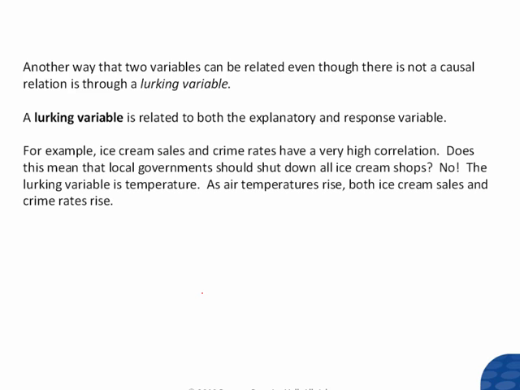For example, it turns out that ice cream sales and crime rates have a very high positive correlation. Does this mean that we should shut down all ice cream vendors in an effort to reduce crime rates? No. What do you think the lurking variable is? Temperature. Yeah, the warmer it is outside, the more ice cream sales you're going to have, and the warmer the temperature is outside, the more crime you're going to have as well. It's very rare to have a robber running around your yard when it's 10 below outside.